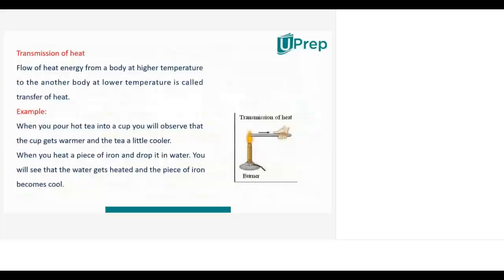Yes, sir. Right. Now in this class we are going to learn in how many ways heat energy can be transferred from one point to another point. So we are going to learn about transfer of heat energy and how it is actually transferred. So transfer of heat energy, or transmission of heat, is what we are learning today.